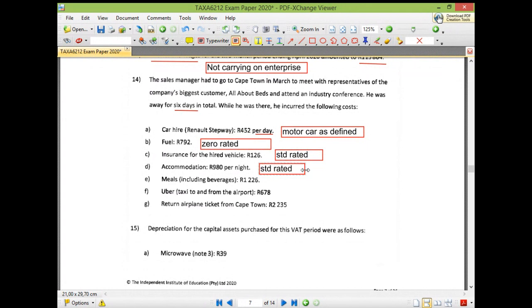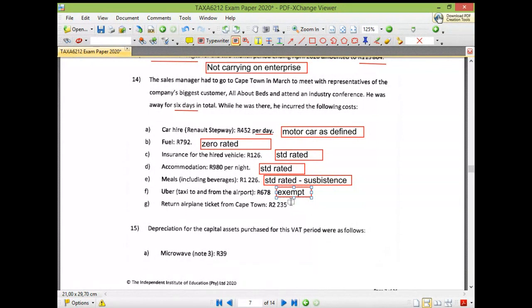Your meals, because he was away for work, will also be standard rated because this is seen as a subsistence expense, which is the exception to your entertainment expenses. Then your Uber, your taxi to and from the airport. Now that is an exempt supply because it is transport by rail or road, and it's by a fare paying customer, so it's an exempt supply.